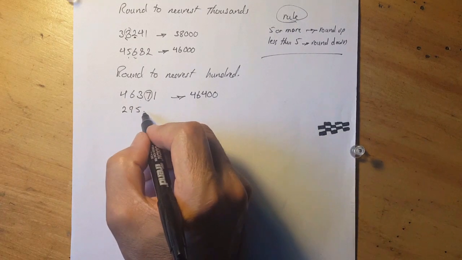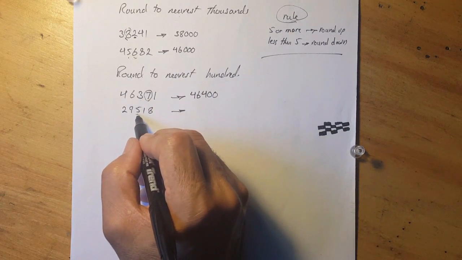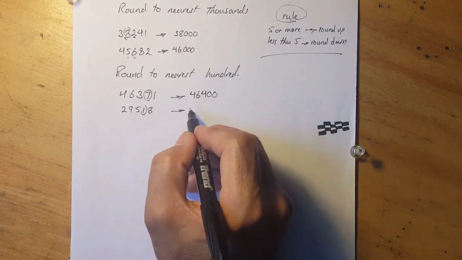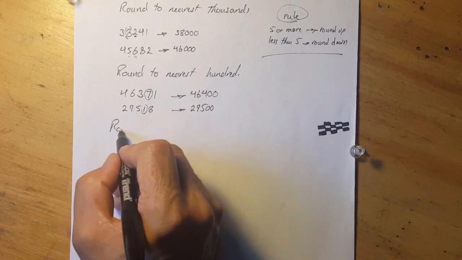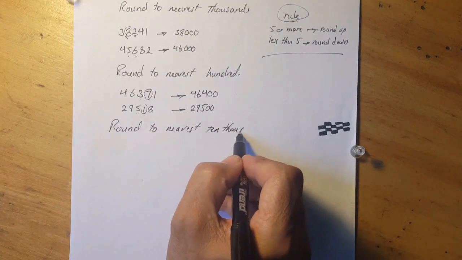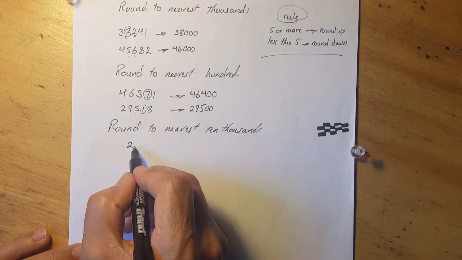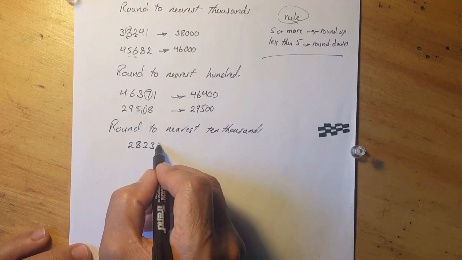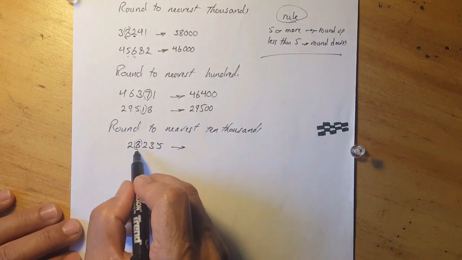46,400. And in another example, the digit to be considered is 1, on the right side of the group of 100, and it's less than 5, so it's round down, so it's going to be 29,500. Another example is rounding to the nearest, for example, 10,000. We look at the digit right beside it, on the right side of the group of 10,000, which in this case is 8.